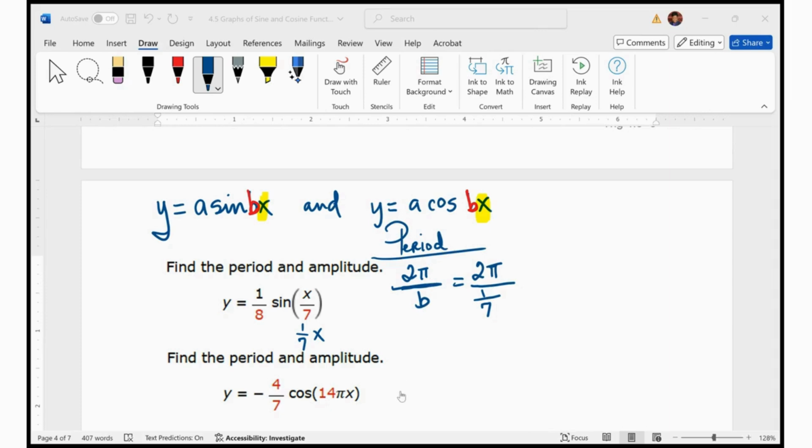Do you put the 2 pi over 1? Not necessarily, you could, it wouldn't affect it, but if you want to. So it would be 2 pi over 7?